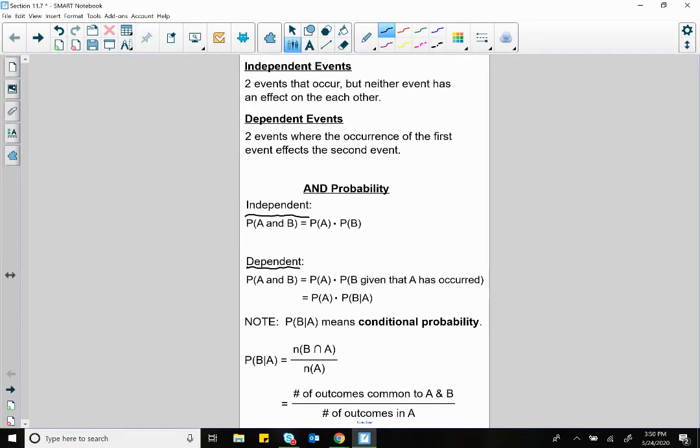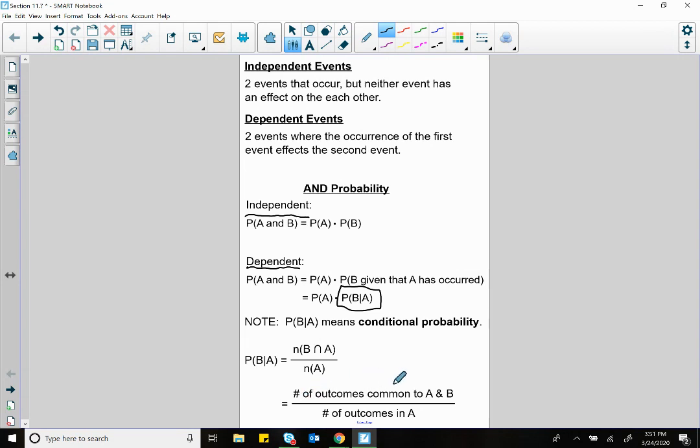Okay. So this notation that you see right here is what we call conditional probability. And down below, you see the very mathematical terminology of conditional probability. Again, this is how we find the conditional probability.